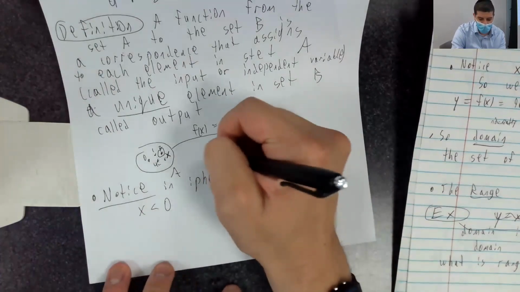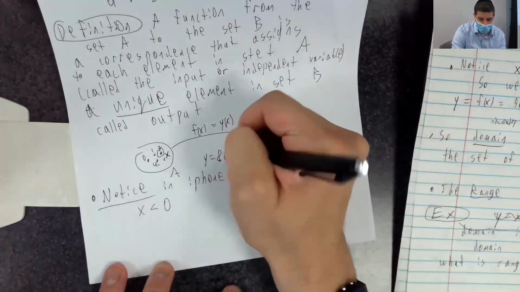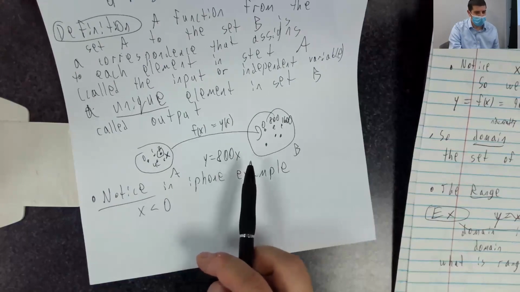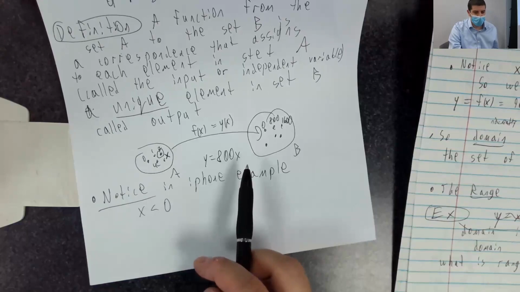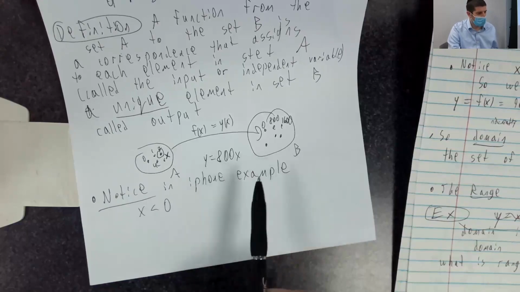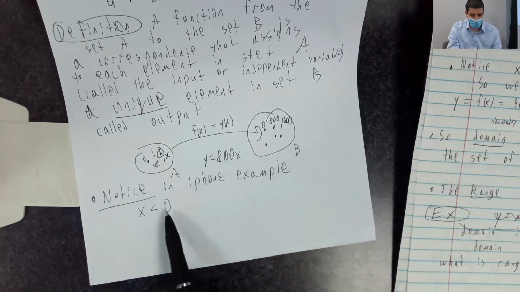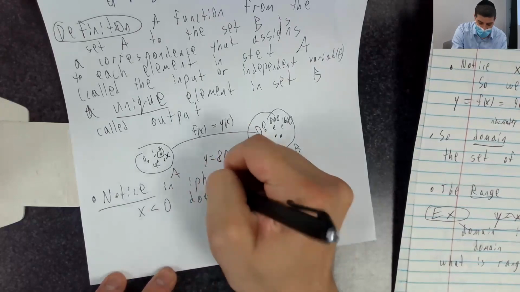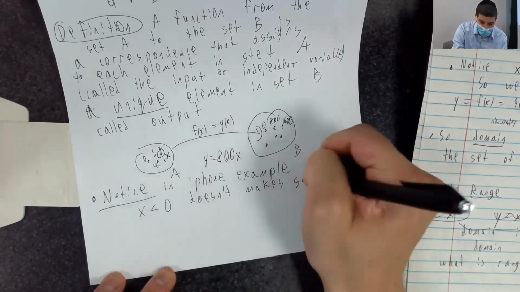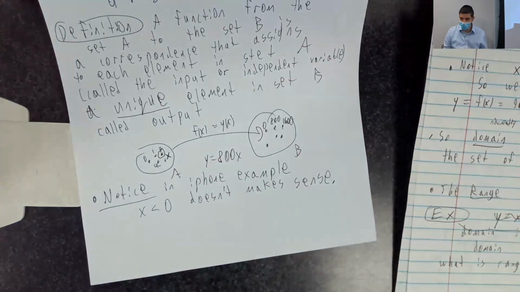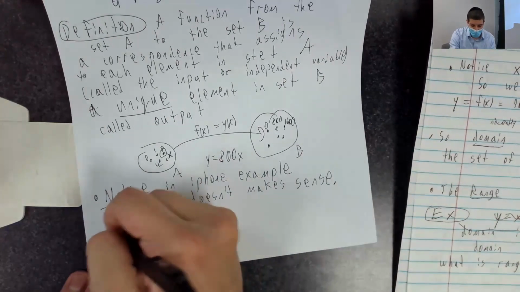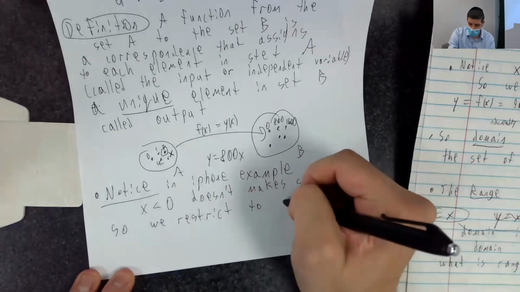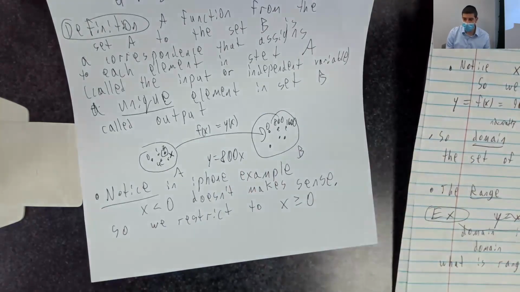In this function, 800x, it's true that you could plug in negative X values, but the output doesn't make sense because we're talking about the number of iPhones. So X less than 0 doesn't make sense. So we restrict to X greater than or equal to 0.